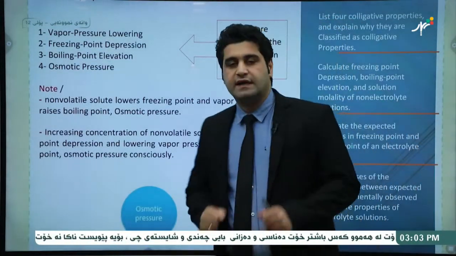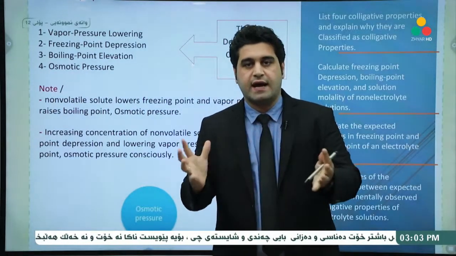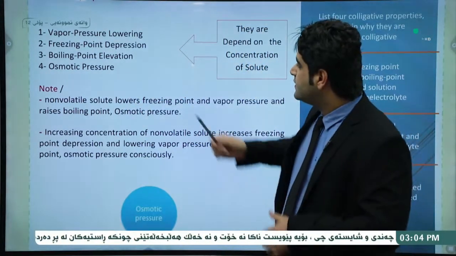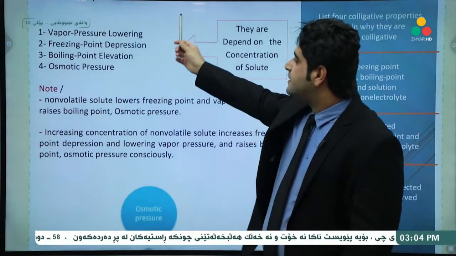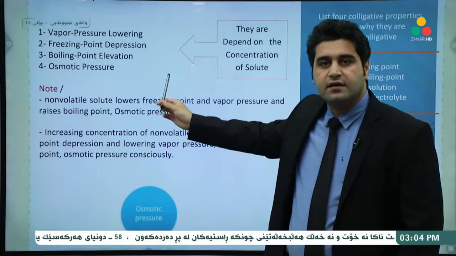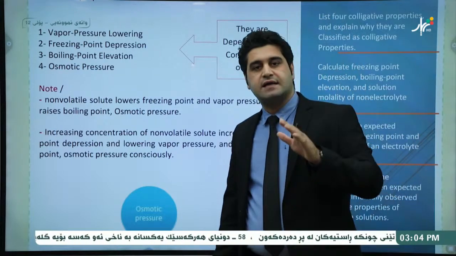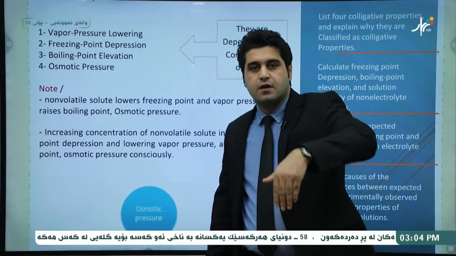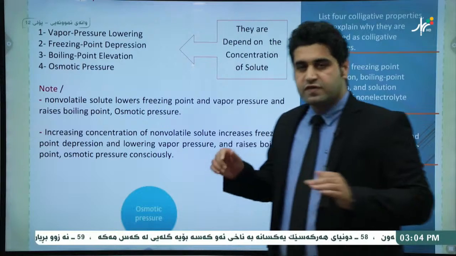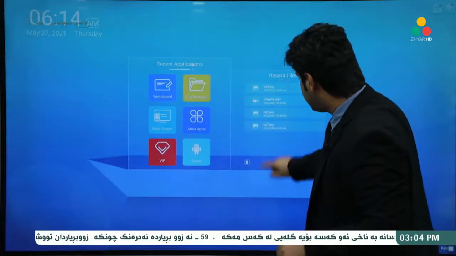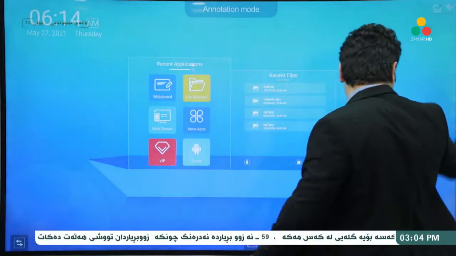Why do we call them colligative properties? Because their effect increases with increasing concentration of the solute, and decreases with decreasing concentration of the solute. Look at what I mean.